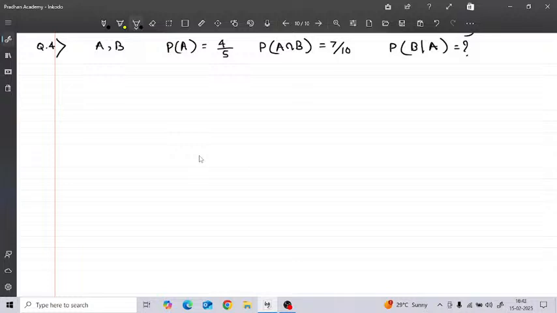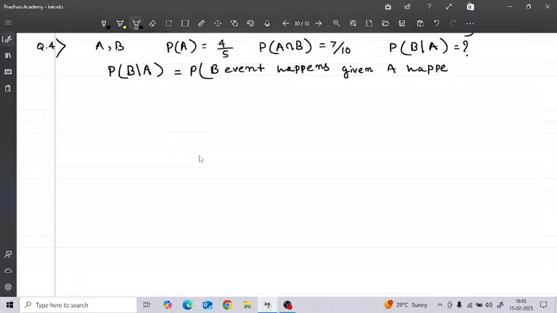Okay, so let's calculate it. Conditional probability B bar A. Actually this sign means you already know that B event happens given A happens earlier.